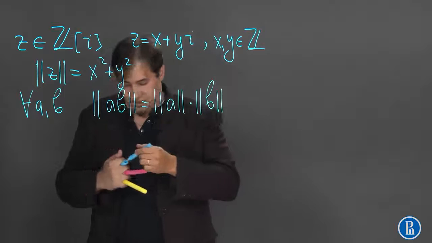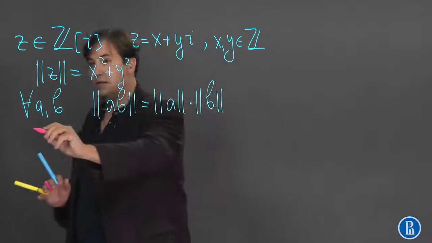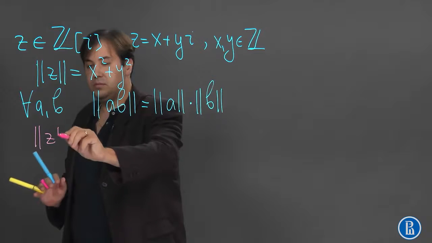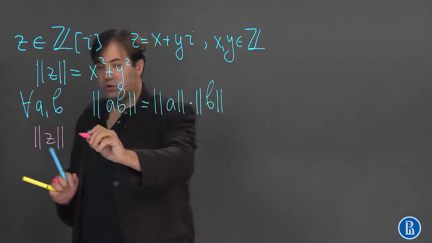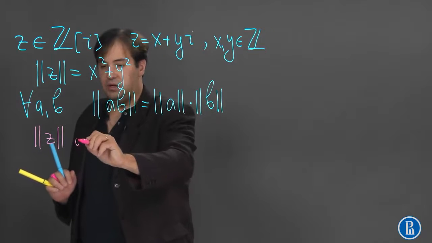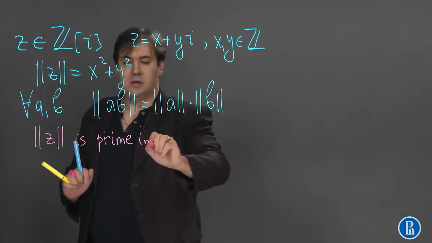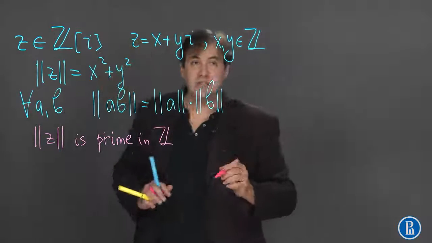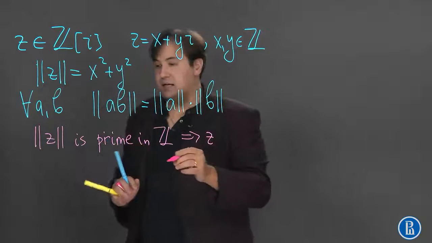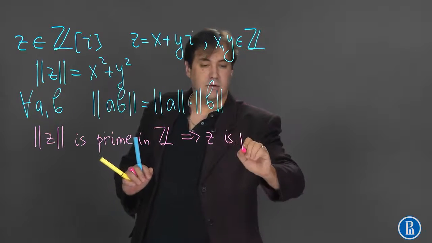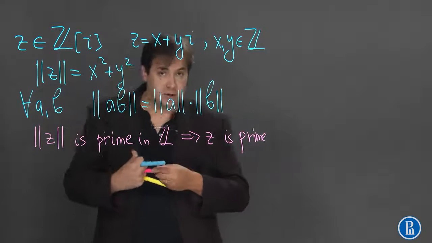From this it follows that if a complex integer has a prime norm, prime meaning as just an integer, so if the norm of z is prime just in the set of all integers, then z itself is prime when considered as a complex integer.